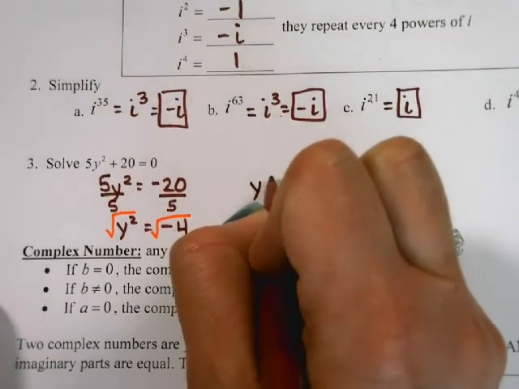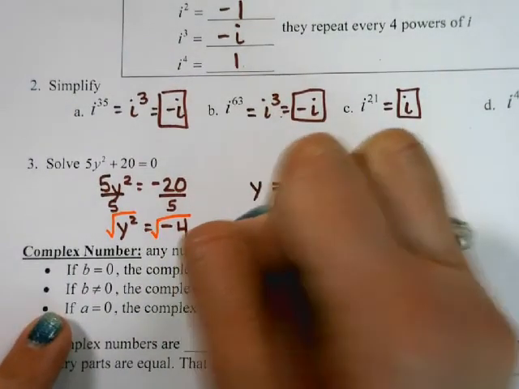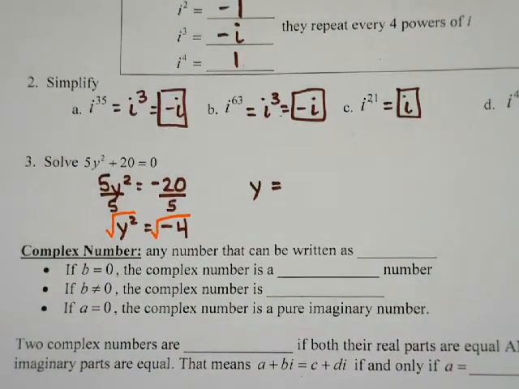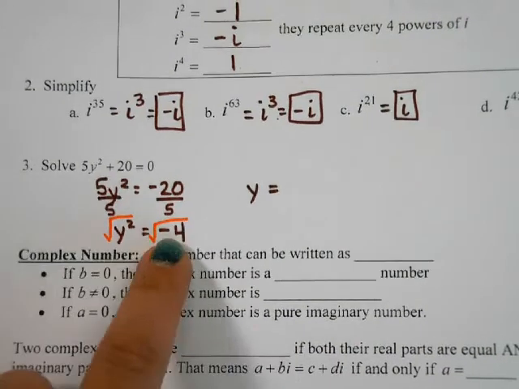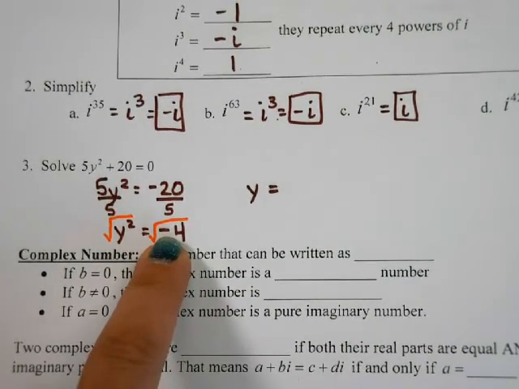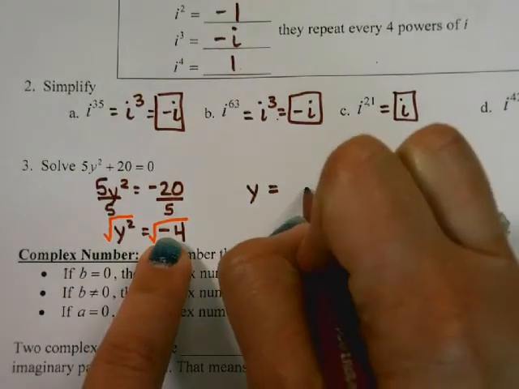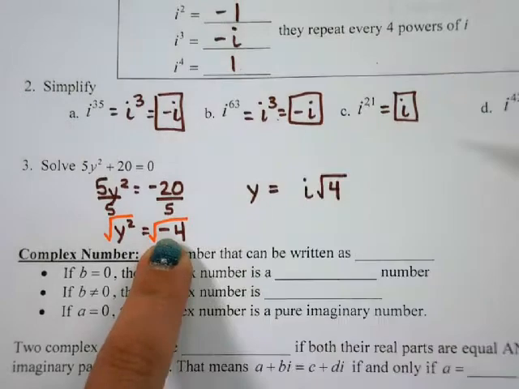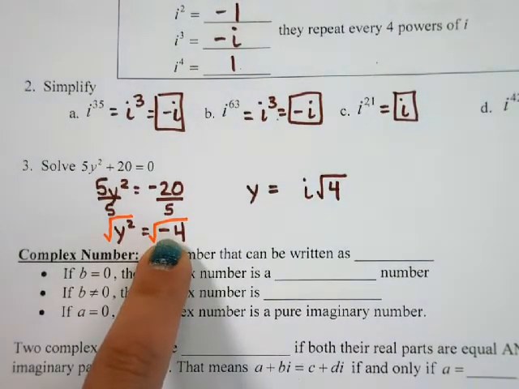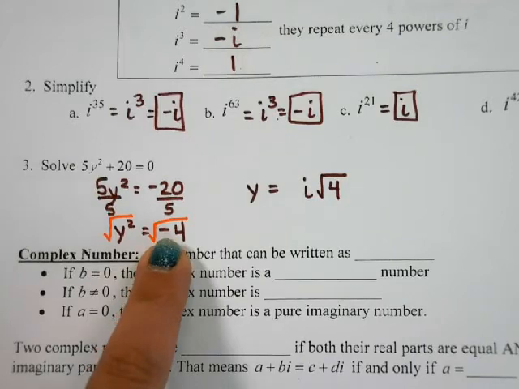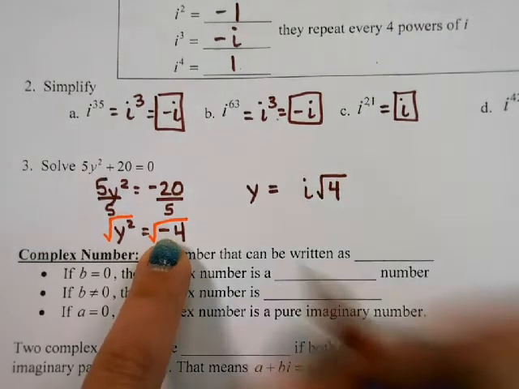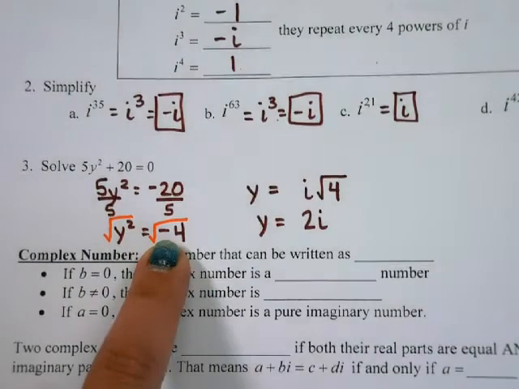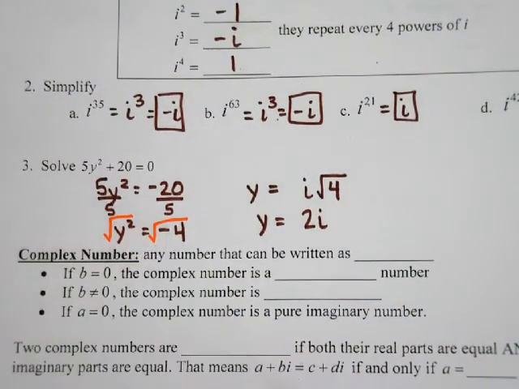So when I take the square root of this guy, I get y. Now I'm the one taking the square root. So what comes out first? What does that guy become? An i, right? The negative comes out as an i. So really what I have is this i times the positive square root of 4. And what's the positive square root of 4? What else could it be? Could it be -2? Yeah, in this case it can.